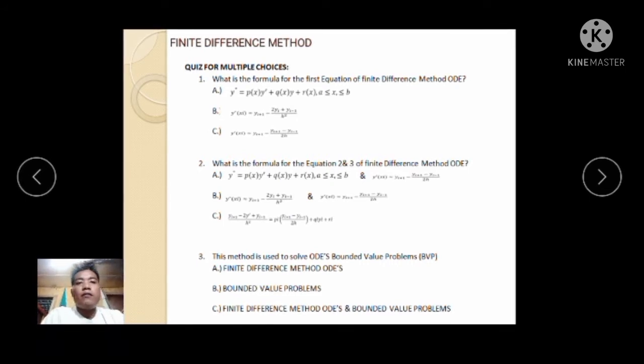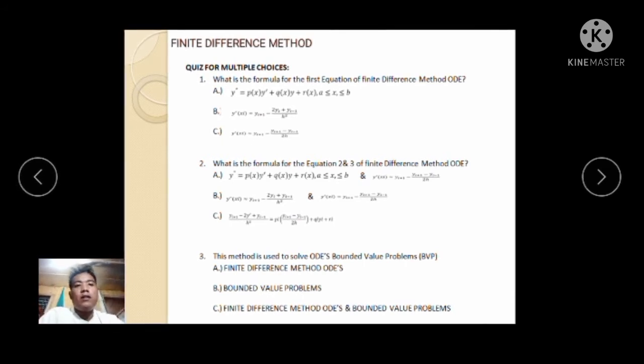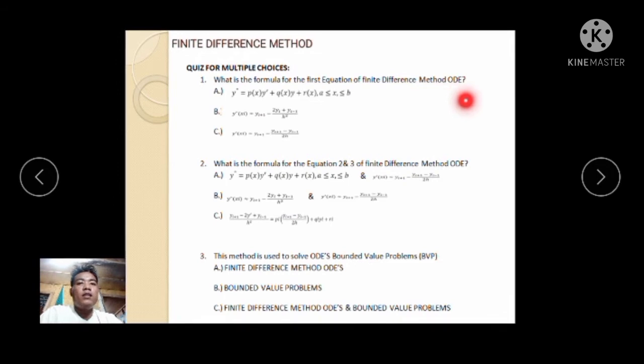Next, multiple choice for the finite difference method. This is the question for number 1: what is the formula for the first equation of the finite difference method ODE?